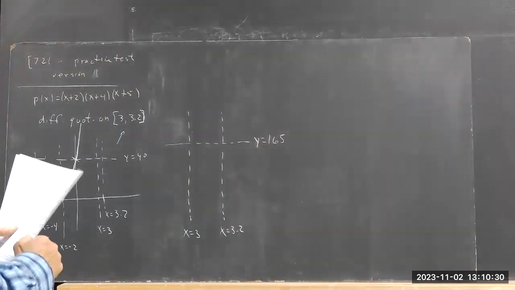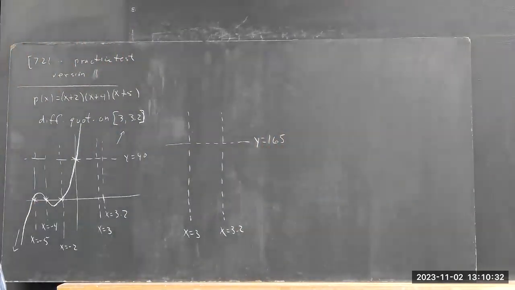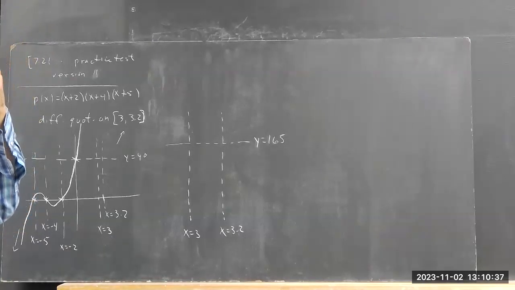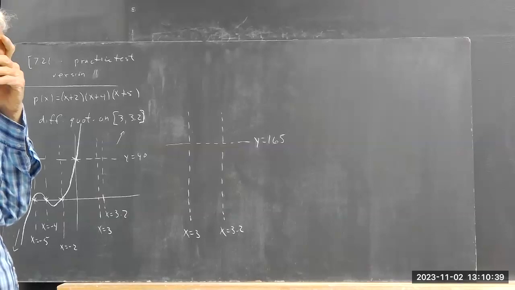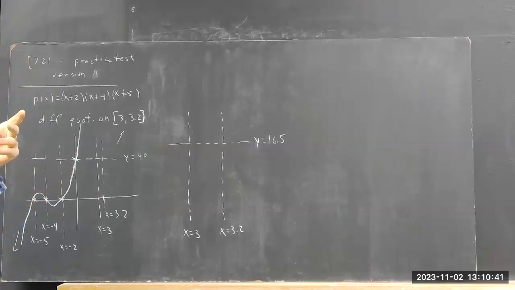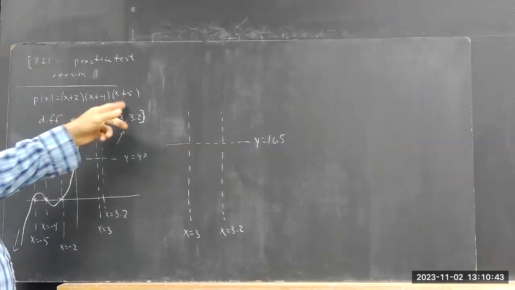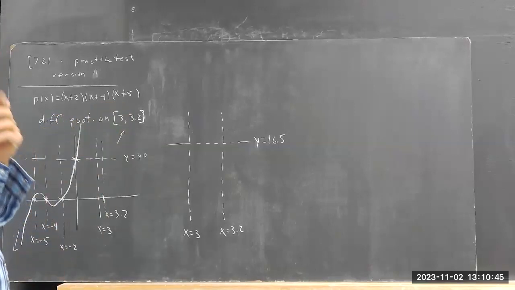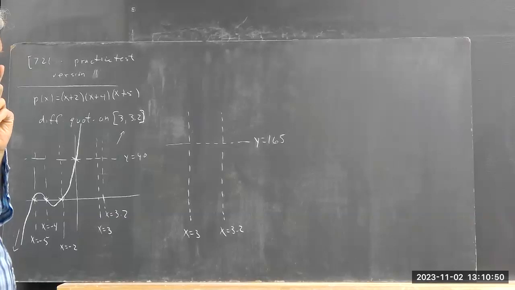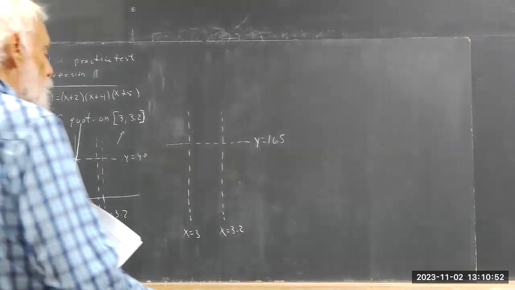If x is 3.2, that's a little harder. Let me try to estimate it. 5.2 times 7.2. 5.2 times 7 would be about 37, times 7.2 would be about, I'll just say 40. And then times 7.2 would be 280, 288.